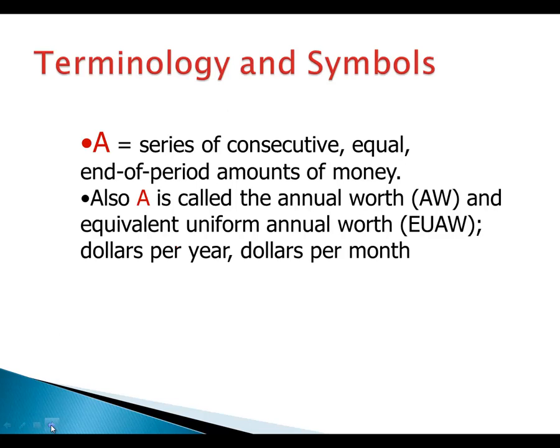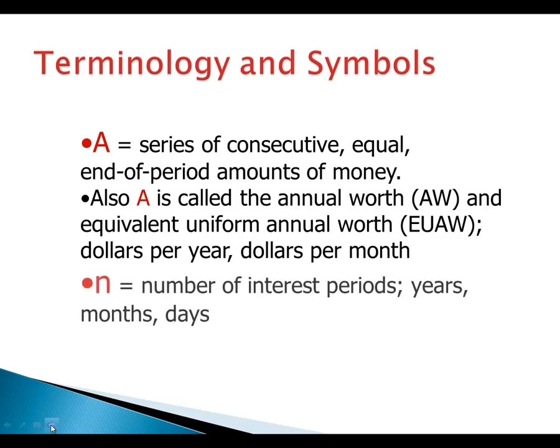It can be per year, per month, or by other measures. The most important thing is that the interest periods are all the same, either all years, or all months, or all days. We cannot mix different periods together.